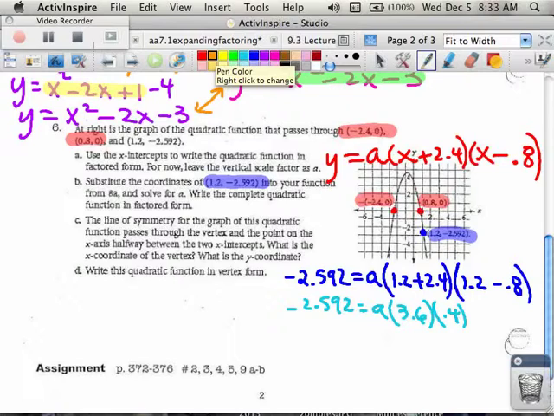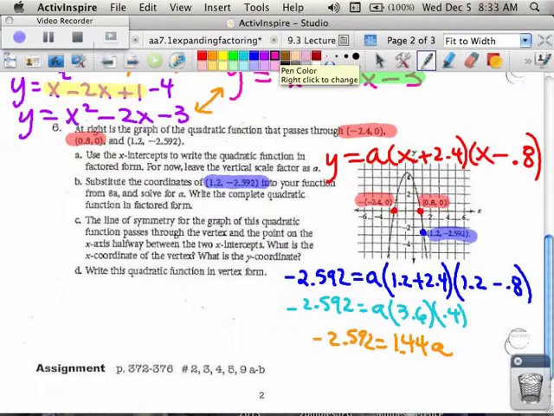So 3.6 times 0.4, and I get 1.44. So this means I have 1.44A equals negative 2.592. I would have to then divide both sides by that 1.44 to find my A.